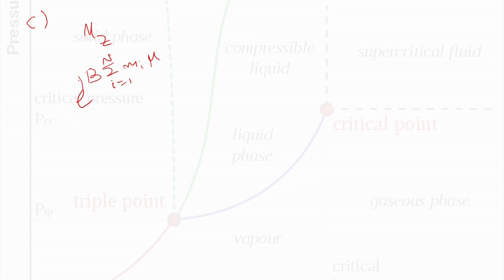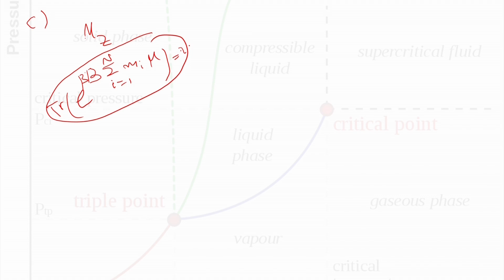So there is this term in the partition function. So this is basically the partition function. Now you see, this is your magnetization.